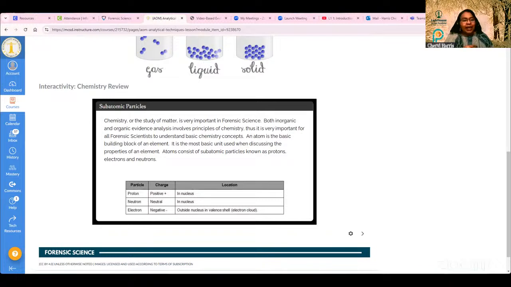And then a gas is when you heat the liquid up a little bit more and the molecules get a lot of energy, and they don't want to stay in the container anymore. They want to be all over the place. So gases have high energy. All of these states of matter depend on the energy of the molecules.